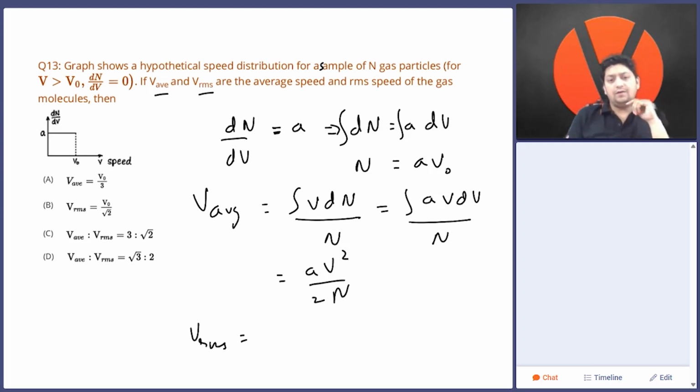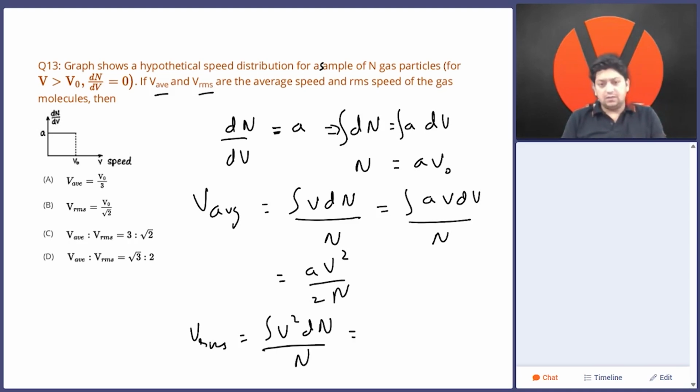And v rms will be how much? The value of v rms will be the integration of v square dn over the number of particles. So again we can put dn as a dv.